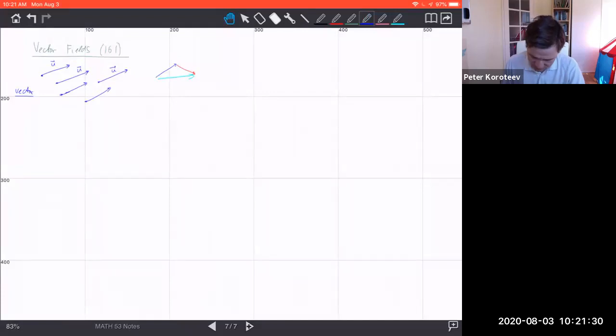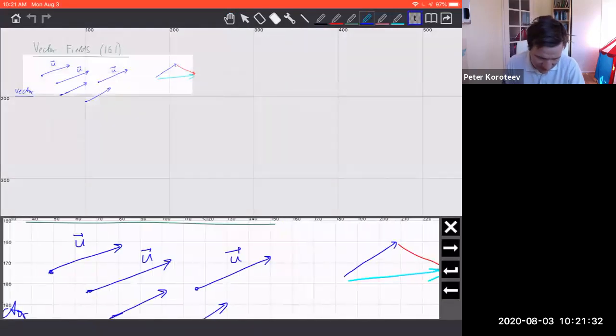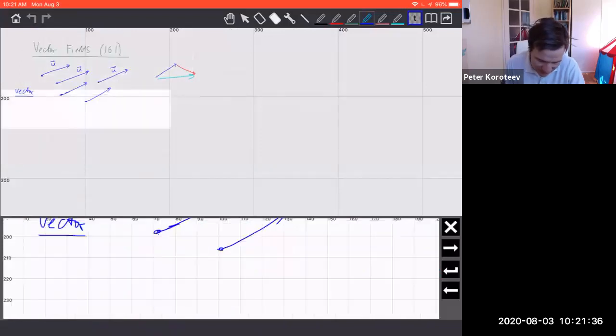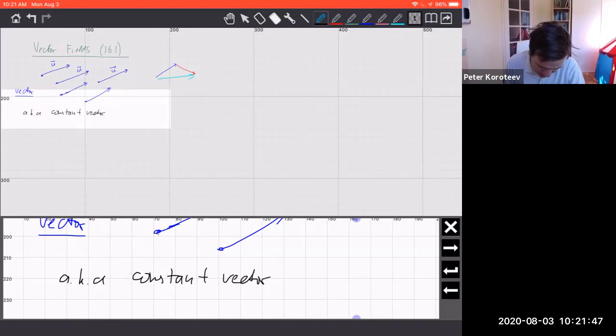Essentially, this setup here is also a vector field, a so-called constant vector field.